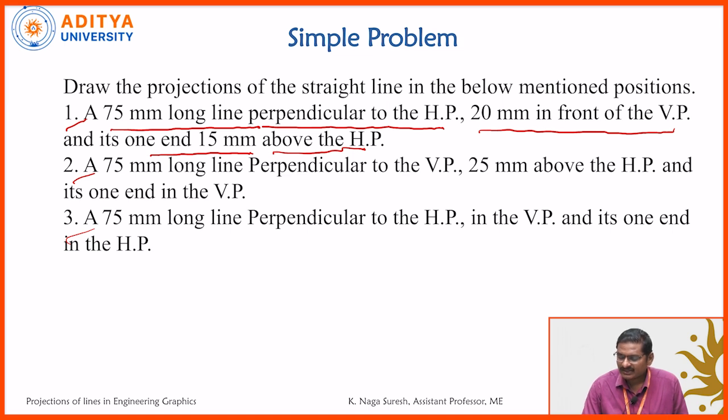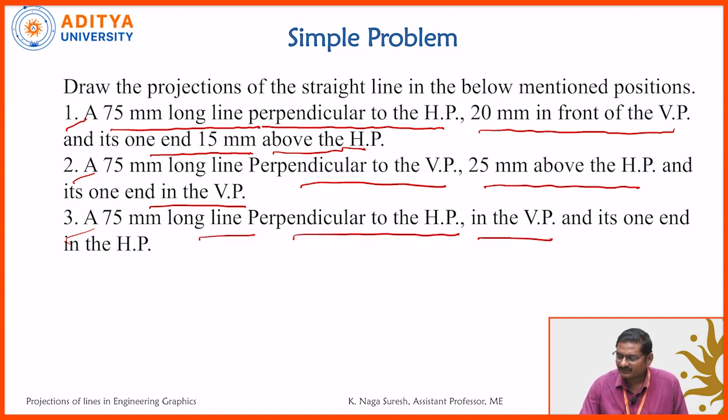The second one is a 75 mm long line perpendicular to VP, 25 mm above the HP, and its one end in the VP. The third condition is a 75 mm long line perpendicular to HP in the VP, its one end in the HP.